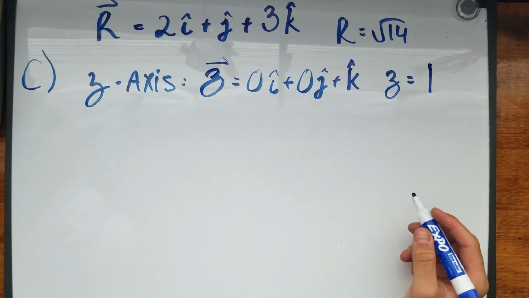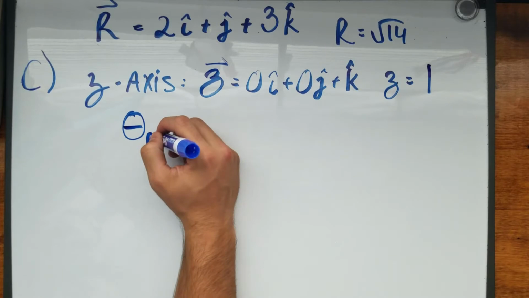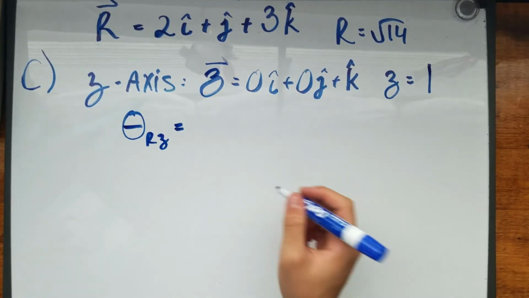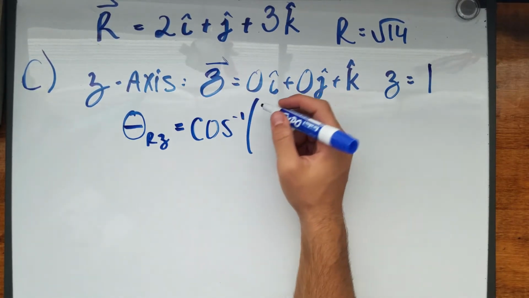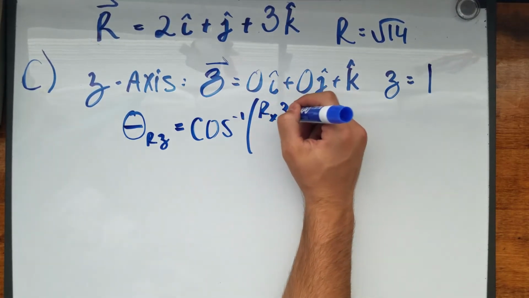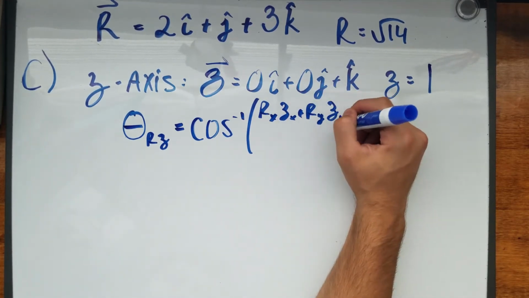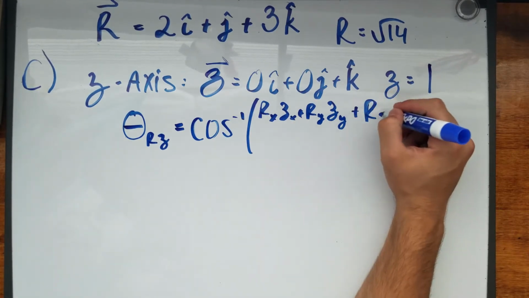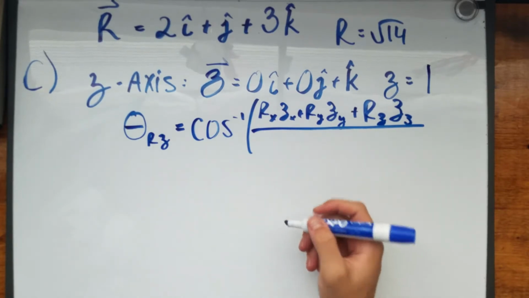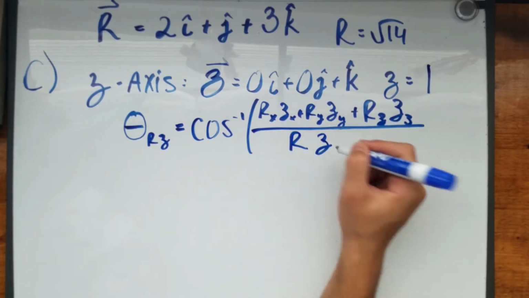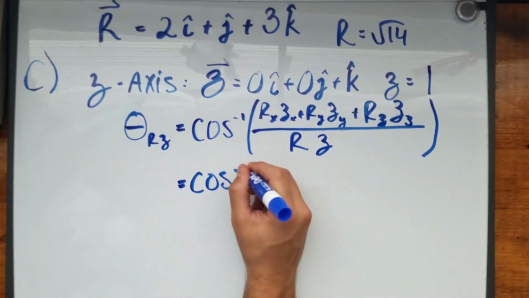And then we will start plugging into our formula once again. So theta, the angle between the r and z vectors, will be inverse cosine of the magnitude in the x direction of r times z, plus the magnitude in the y direction of r times z, plus the magnitudes of r and z in the z direction. And that will be all over their complete magnitudes multiplied by each other.